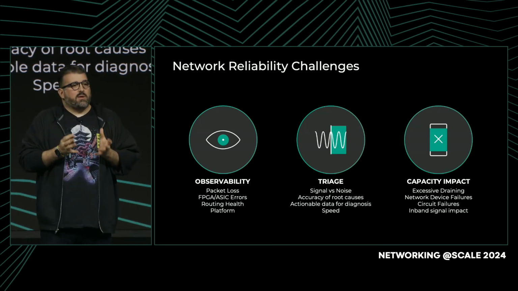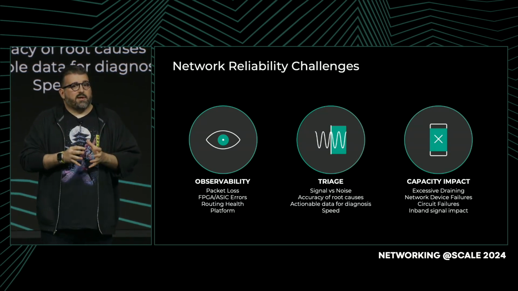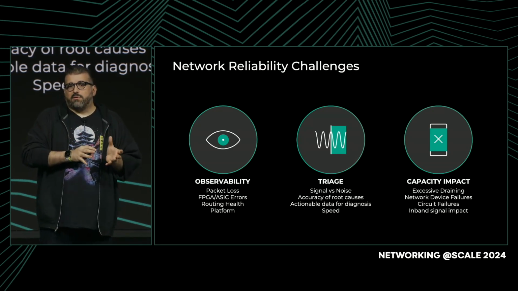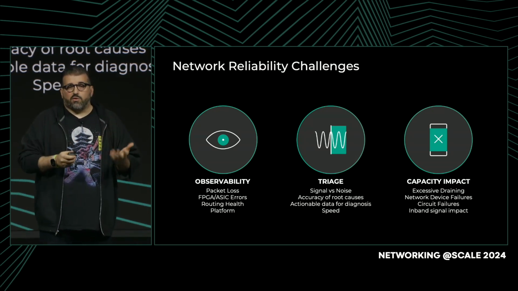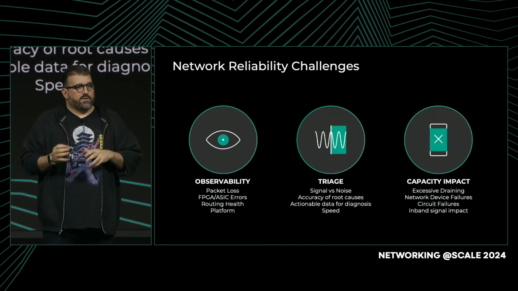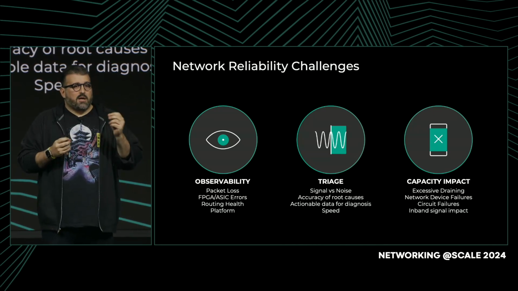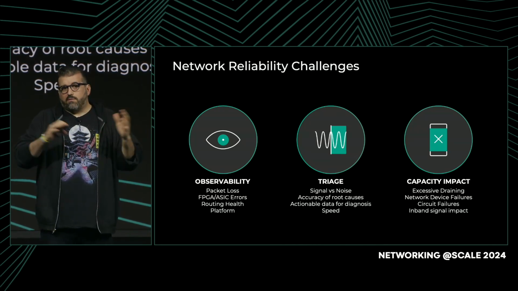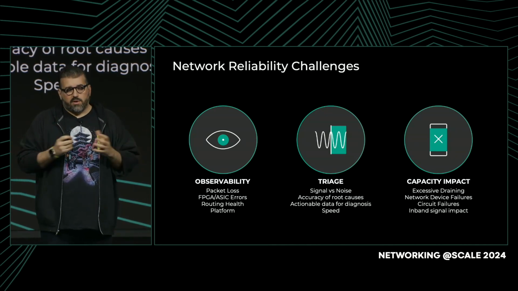Ultimately, we need to be able to identify which network element is having the problem in order to take an action on it, which is usually going to be to put it out of service, to remove traffic from it. Because if you remember the topology we saw before, a single one of these devices will affect, in that topology, 1/18 of all traffic flows across all of those GPUs.